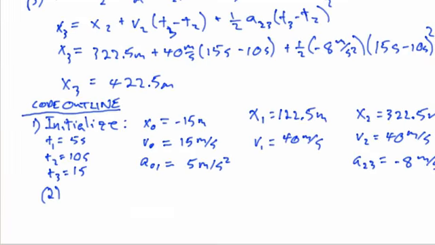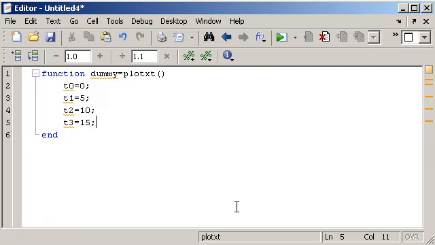And then positions, 0 is minus 15, then 122.5. I think I'm going to put it up here to save a little space and maybe keep things looking a little bit neater.